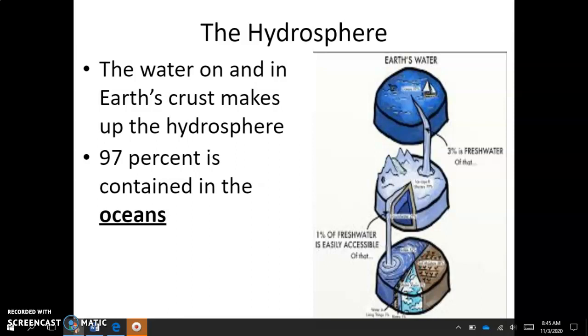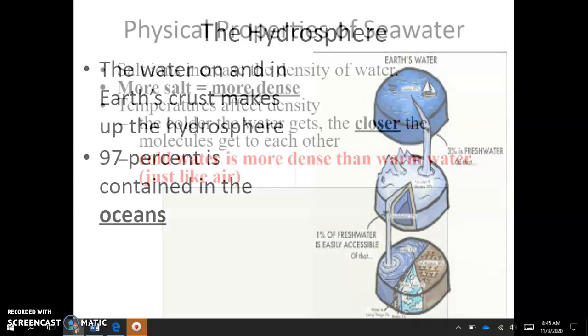So 97% of the water on Earth is contained in the oceans. So that means most of the water on Earth is ocean water. Now, the other 3% is fresh water. And fresh water is what we learned about in our last unit. So that fresh water is in lakes, rivers, streams, and also groundwater and glaciers as well.